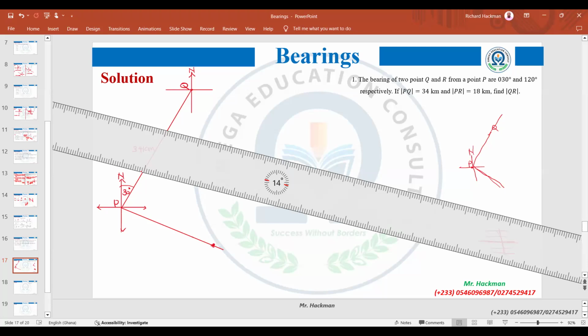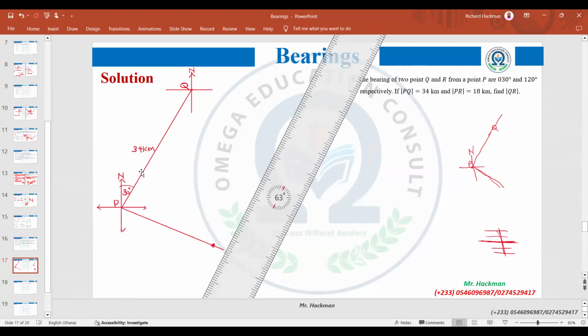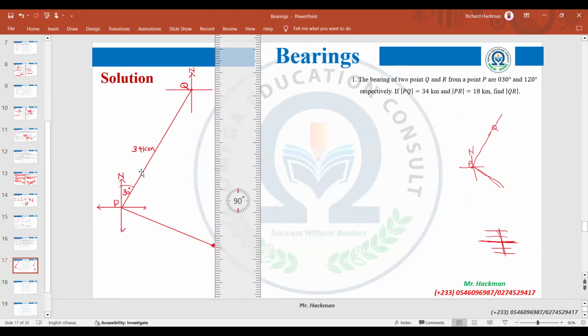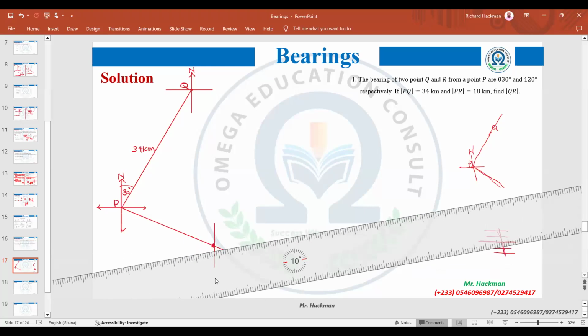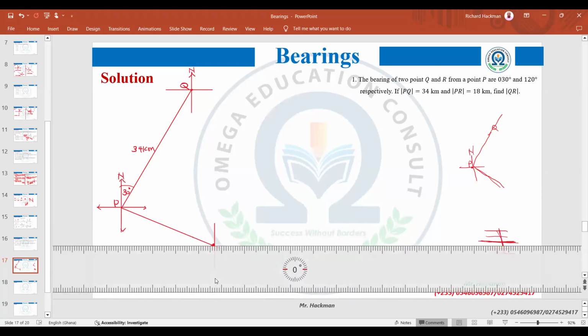Then now I indicate my cardinal point there. Something will come out shortly. So please, let's see what the picture will be going forward. All the points there, cardinal point must be indicated. I mean, your point of interest, because it's possible you'll be asked to find the bearing using that point as the reference point.